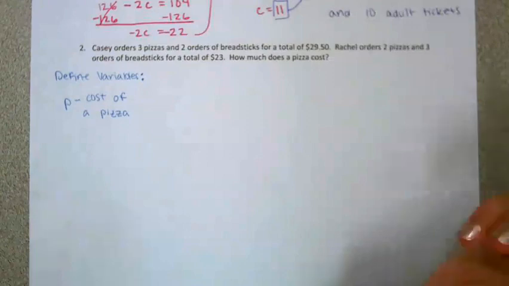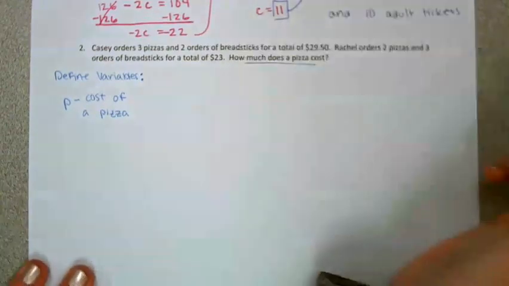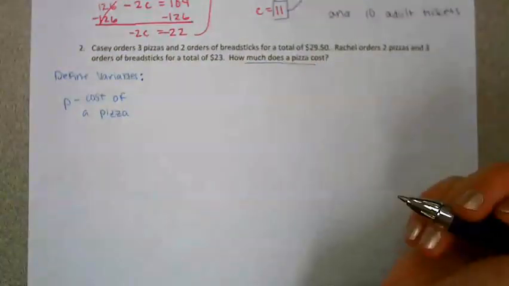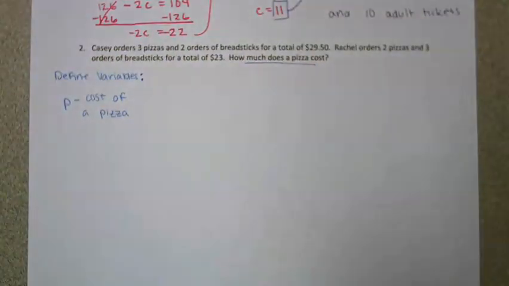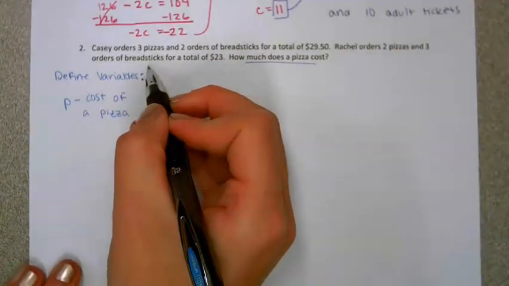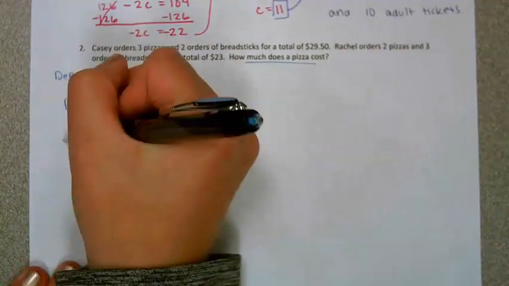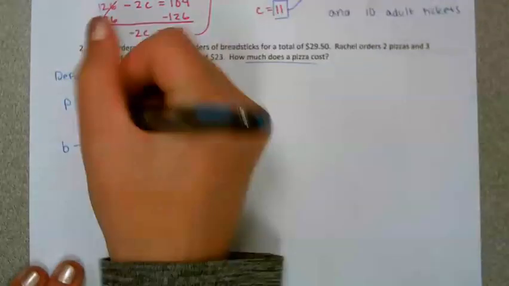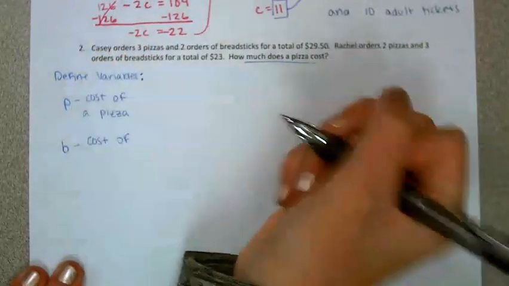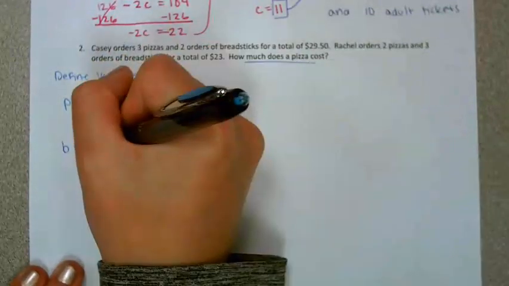But usually we have 2 variables, and this question only refers to 1. Well, we kind of have to think about, what else do we not know? We don't know the total cost of the breadsticks. So I'm going to make another variable, and I'm going to say B for breadsticks, and that's going to be the cost of an order of breadsticks.